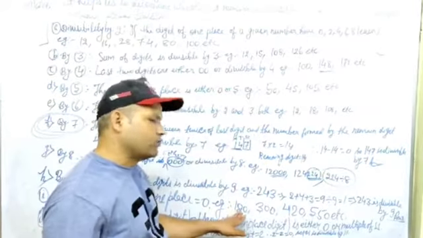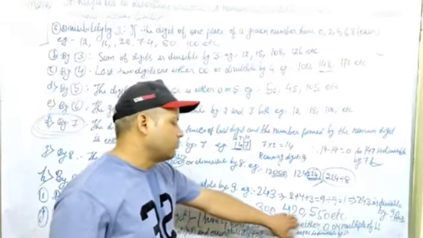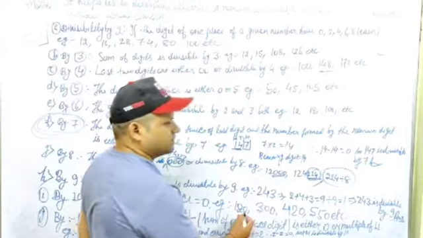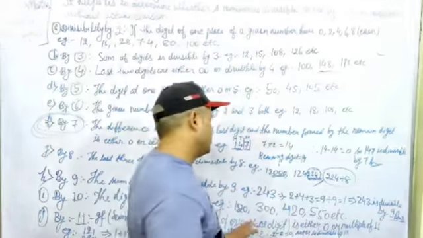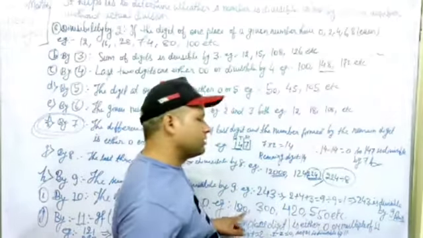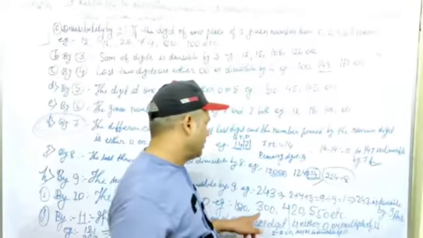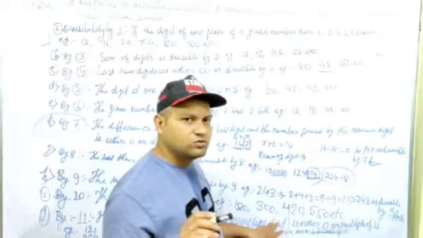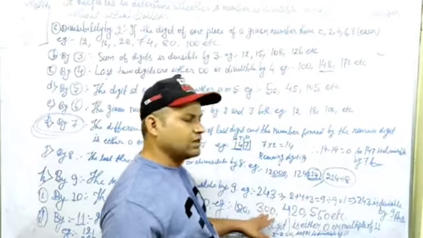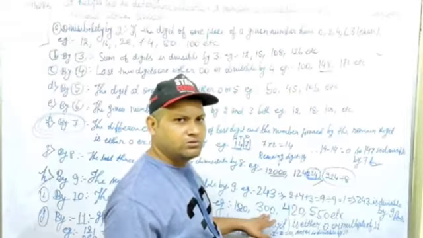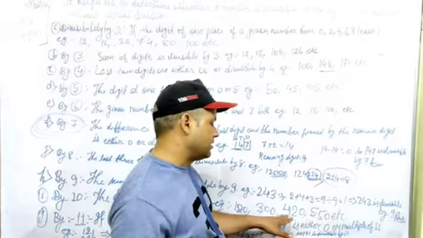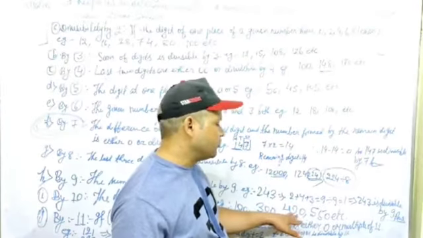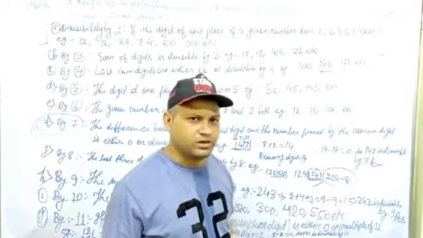Here the digit at the ones place is 0, that's why 120 is divisible by 10. Here also the digit at the ones place is 0, so 300 is divisible by 10. And the same with 420 and 550.